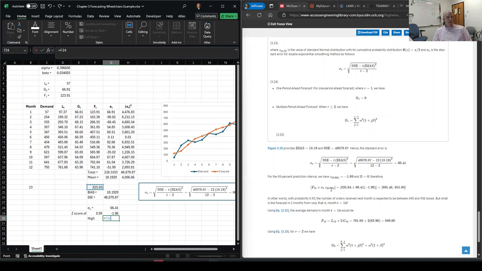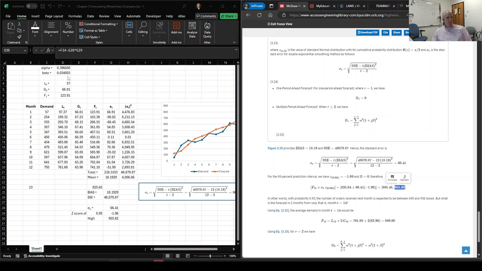We're just following along here with these calculations. We're going to do plus and minus. The high is actually going to be the minus. 66.41 times negative 1.96. That's going to give us our high, 955.82. The book says 955.80. Again, this is just rounding.